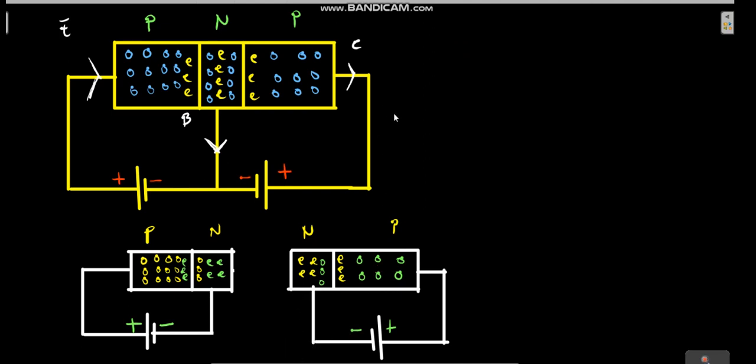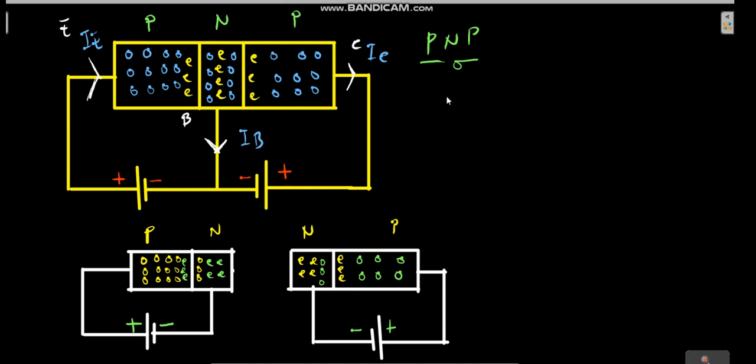Now let's look at the following. In the PNP transistor, you should consider this: let me first name these. Let's name them the emitter current, the collector current, and the base current.